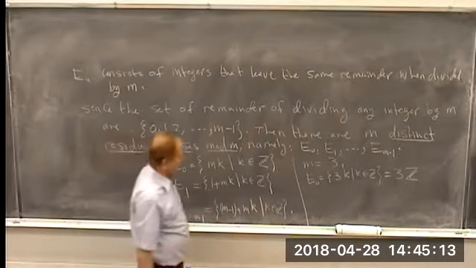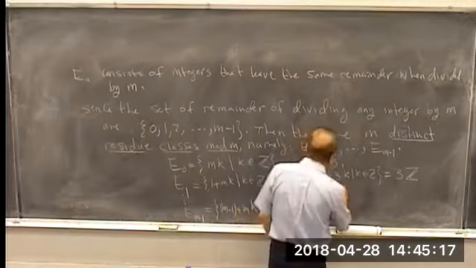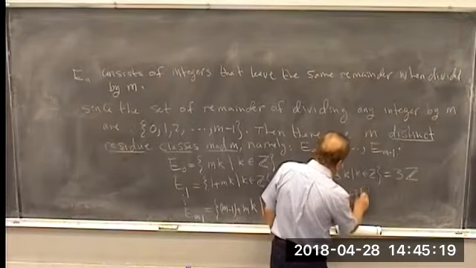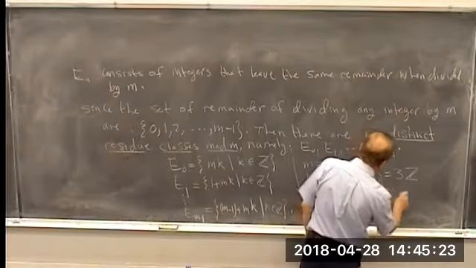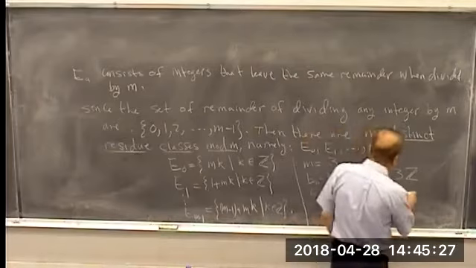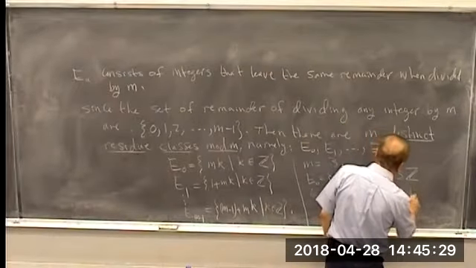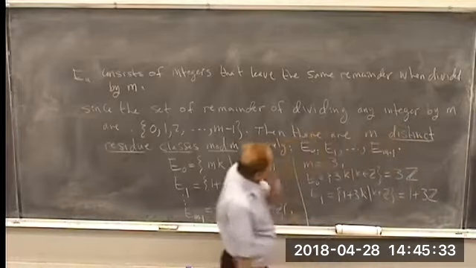Each integer is multiplied by 3. And E1 is 1 plus 3k, same thing, k in Z, and we could write this as 1 plus 3Z, so we have this notation.